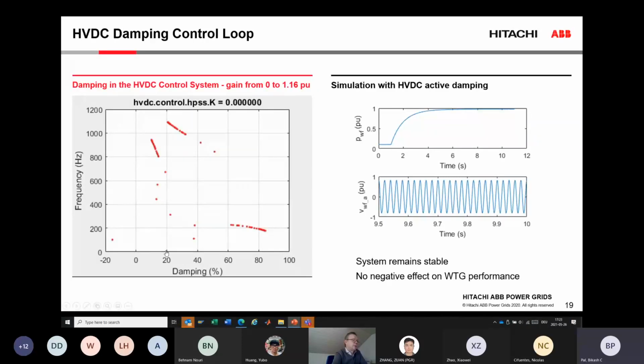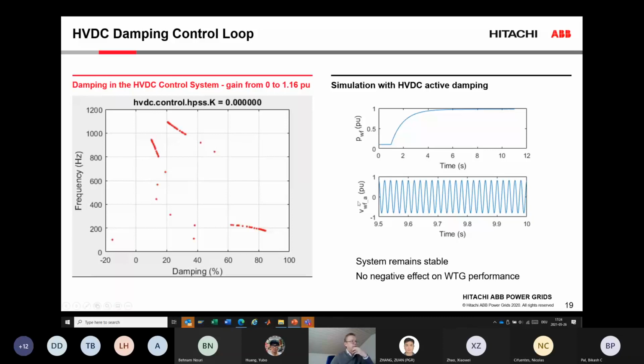Yeah. I mean that was basically my point with this slide here. When we look at the effect of the HVDC damping control loop, you can actually stabilize that kind of unstable dynamics using the HVDC control system. So when you just add this additional damper in the HVDC, we do not need to retune the current control.